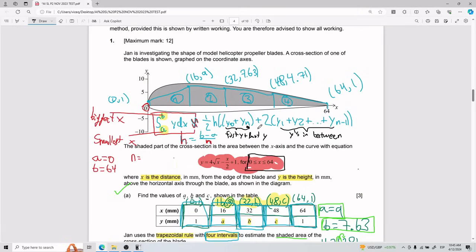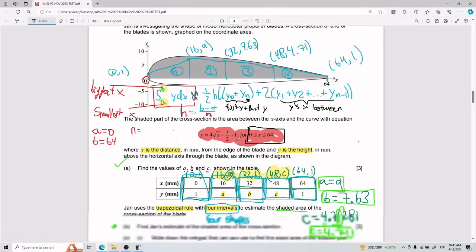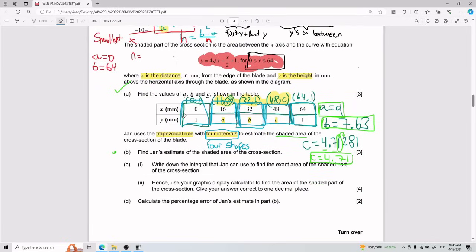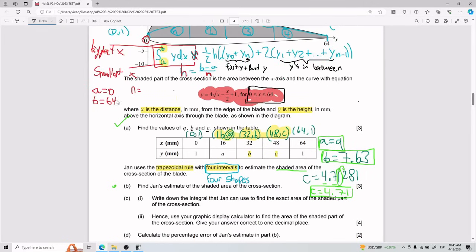So if y0 is your first y and yn is your last y, how many y's do you have? If I go back to this table, you're going to notice that this one is y0, this is y1, this is y2, this is y3, this is y4.